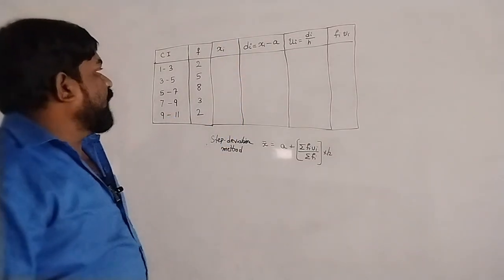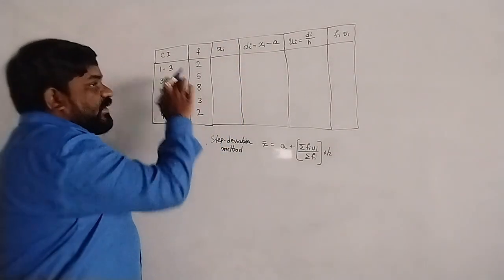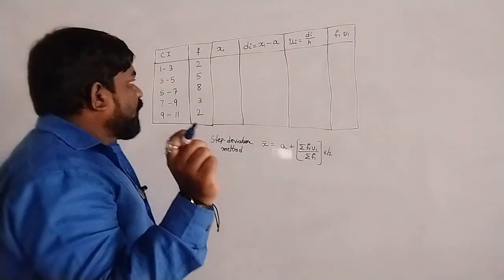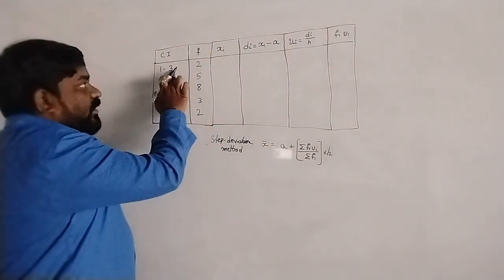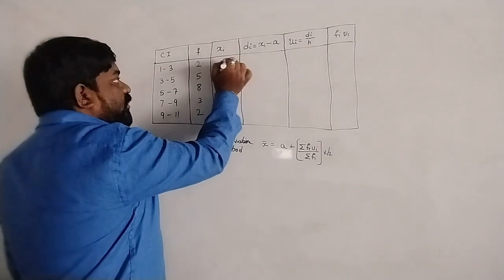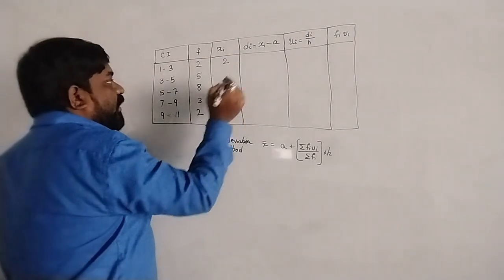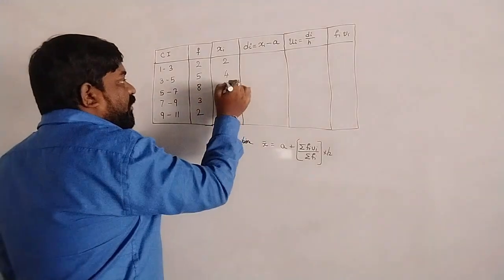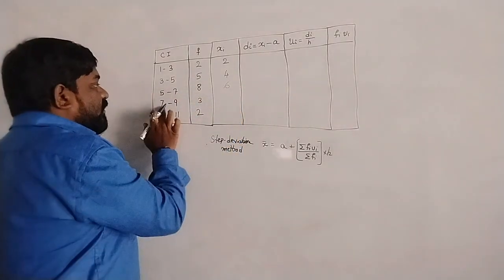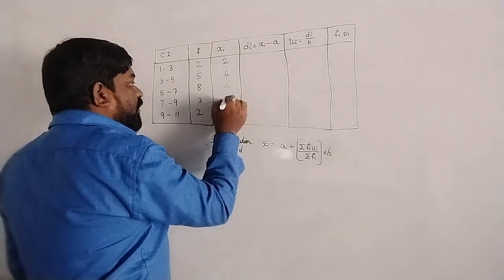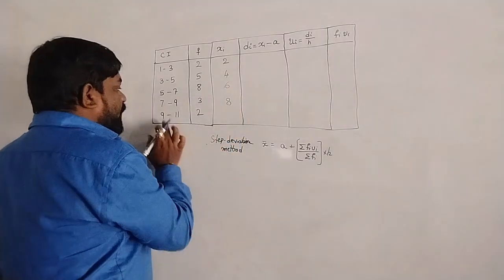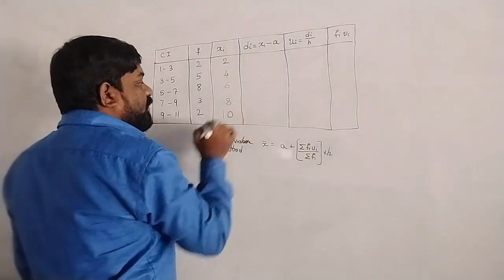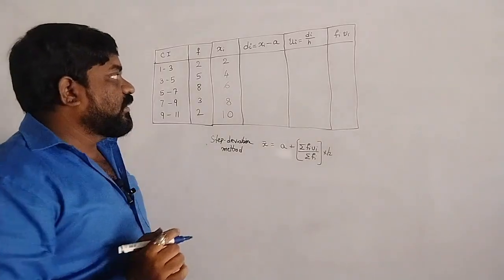Now let us begin with the problem. So first xi, the midpoint of the class interval. That is 1 to 3, the midpoint is 2, 3 to 5, the midpoint is 4, 5 to 7, the midpoint is 6, 7 to 9, the midpoint is 8, 9 to 11, the midpoint is 10.